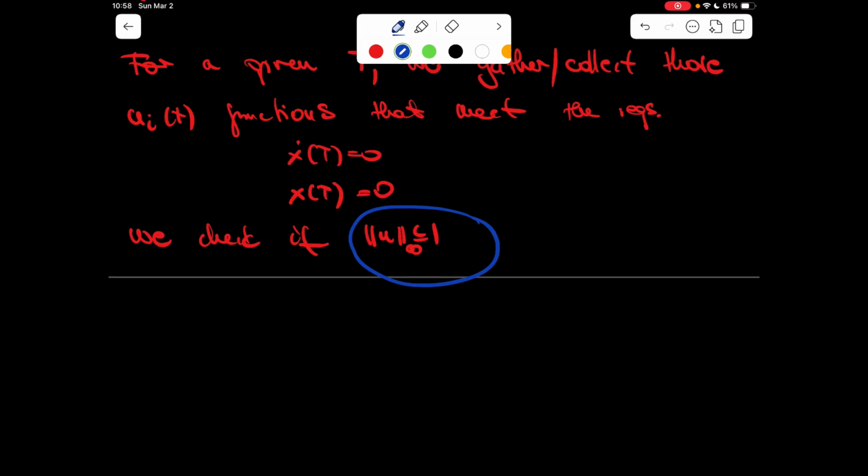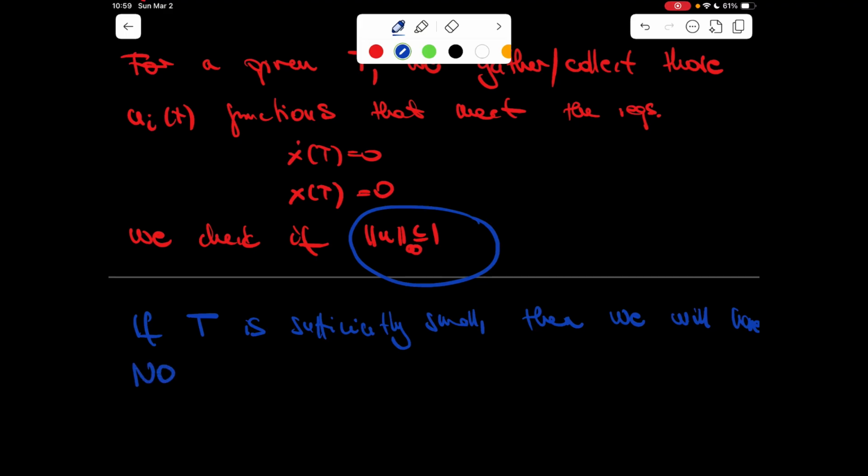If t is sufficiently small, then we will have no appropriate u functions. By appropriate, I mean functions that meet this requirement.